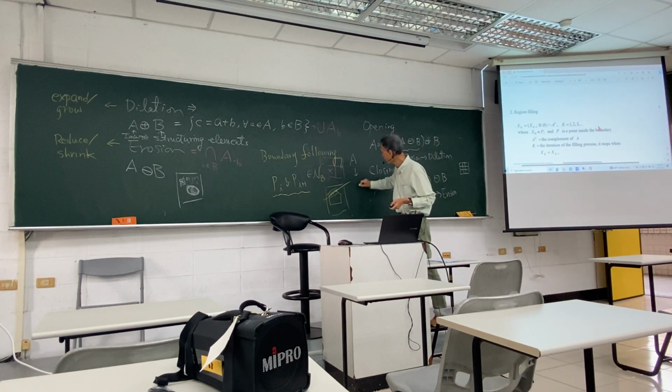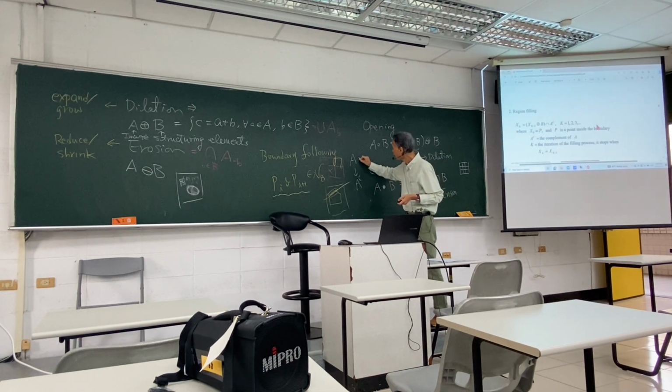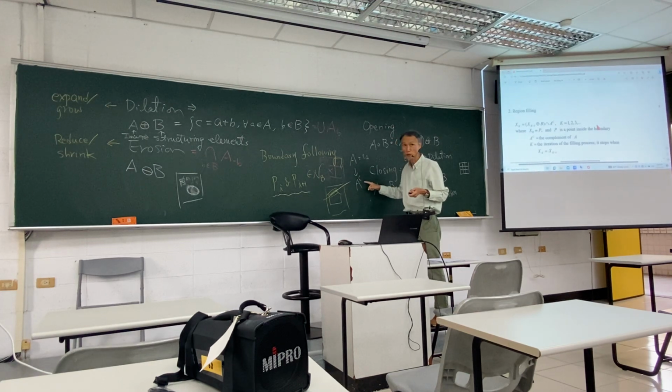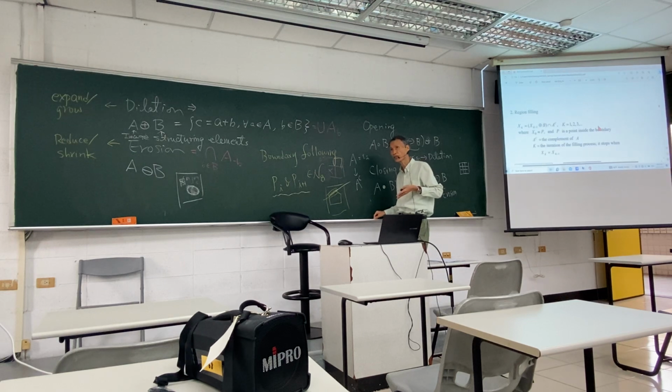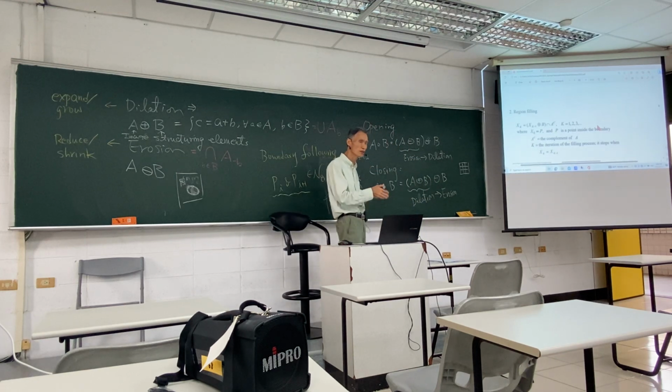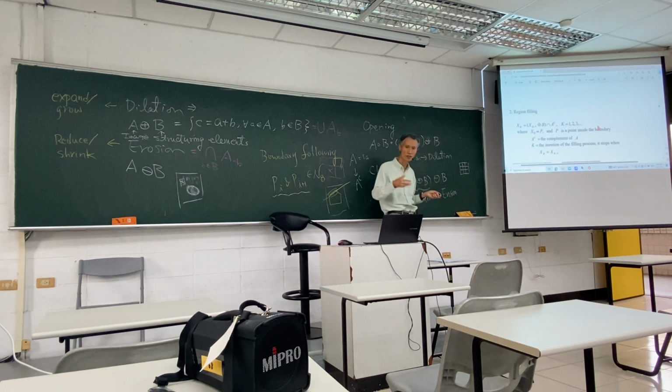If A equals 1, the complement becomes 0, and 0 becomes 1. An object point becomes a background point, and a background point becomes an object point. So you just do some set operations, and you can do a lot of things, like region filling.